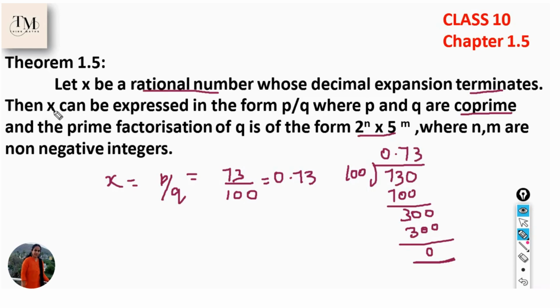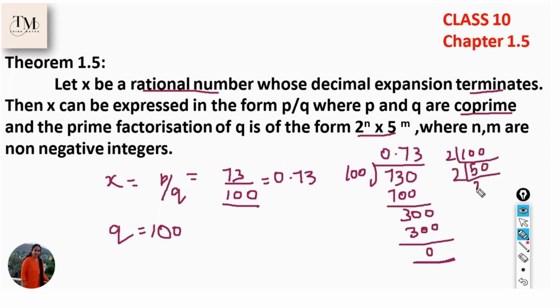Then we have to prove that x can be expressed in the form 2 power n into 5 power m. So this q is equal to 100. We have to factorize 100. Let me take the prime number 2. 5 2s are 10, remaining 0.